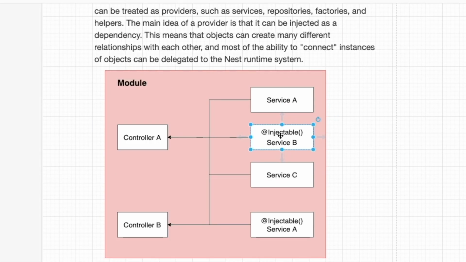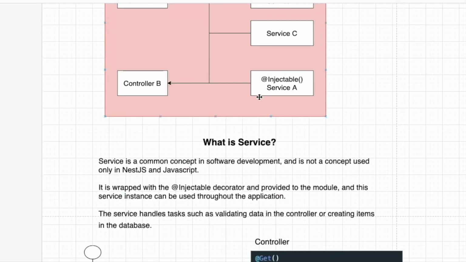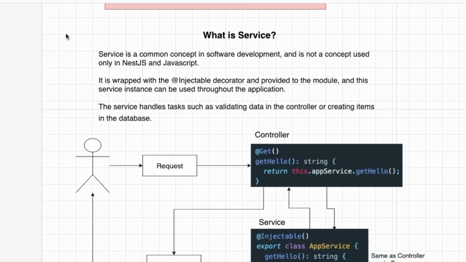So now we briefly know what a provider is, and inside the provider we knew that there is also a service. So we also want to know what a service is.